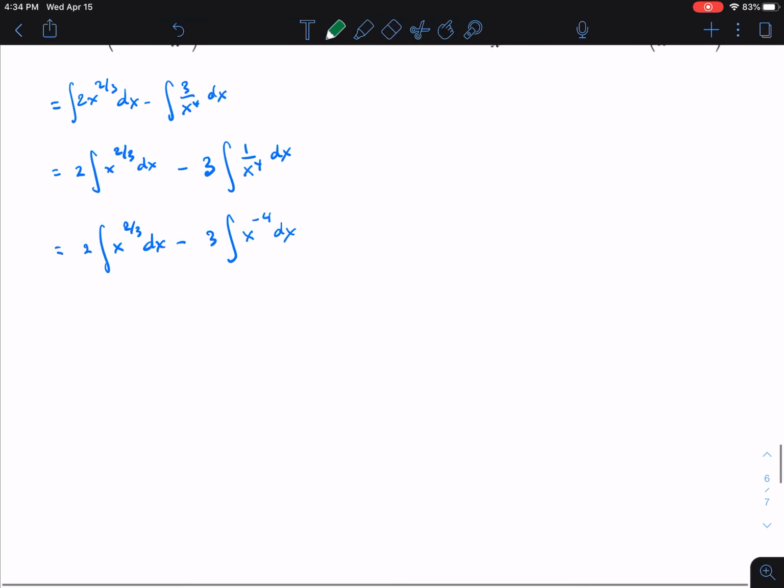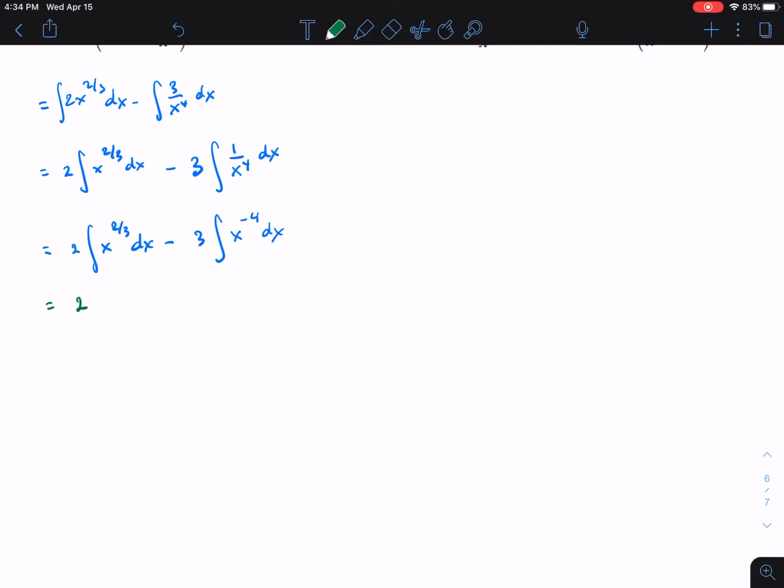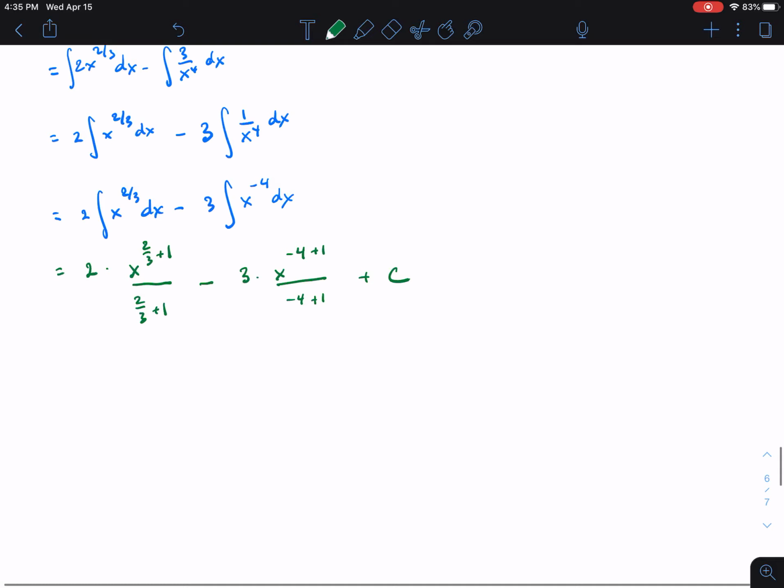The antiderivative of x to the 2/3: the rule says we should take the power, add 1, and then divide by that new power. So 2/3 plus 1, and then over here, 3 times, well, -4 is the power, so add 1, divide by that new power, and then plus c.